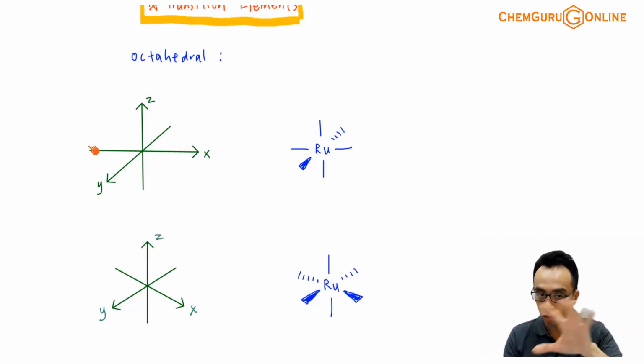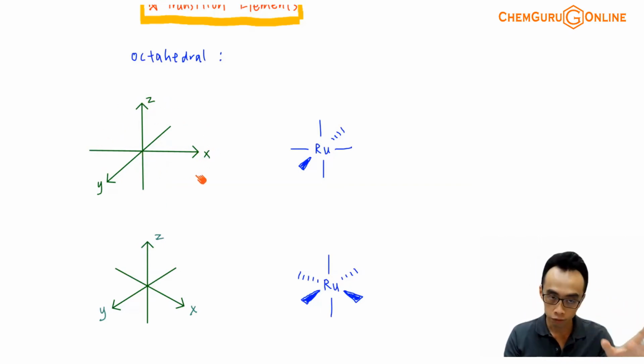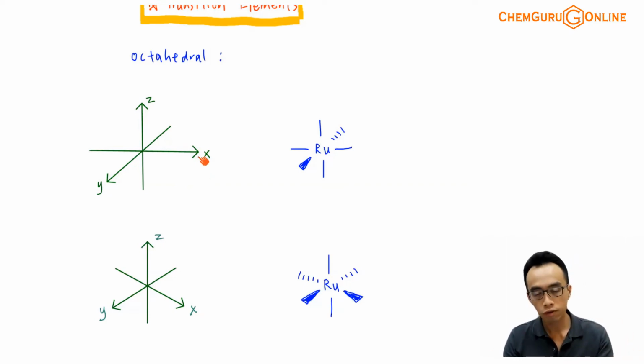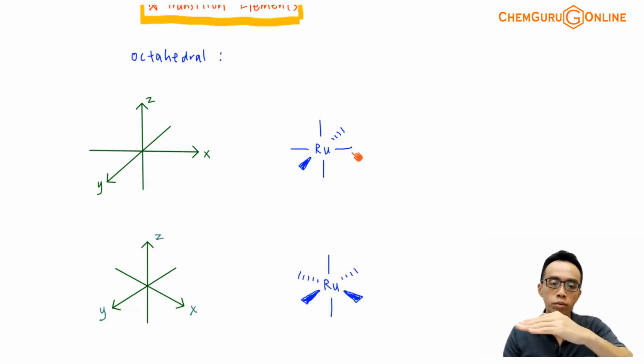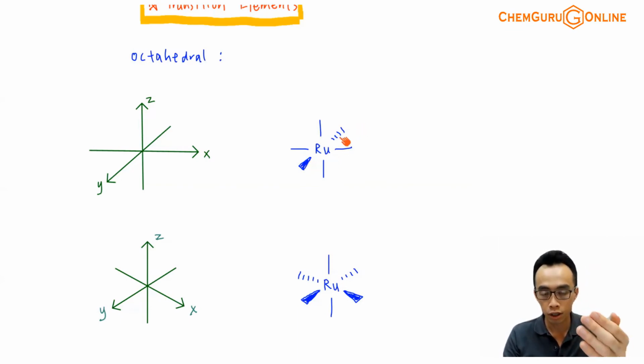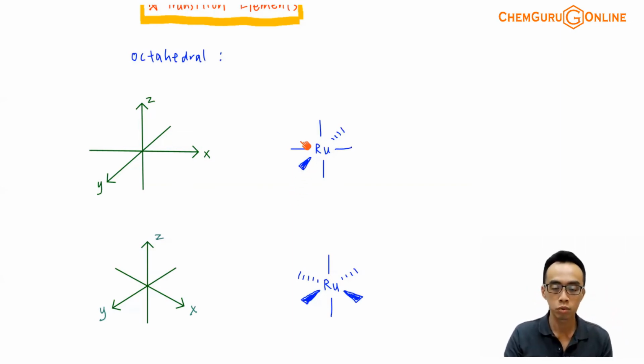Then if you use this way of drawing my axes, you notice another way for me to draw the same octahedral complex will be something like this. Basically, this line will be along the z-axis, these 2, left and right, will be along the x-axis, then this bond that is pointing towards you and this bond that is pointing away from you will be along the y-axis. Now this is another possible way for us to show my octahedral species or my octahedral complex.